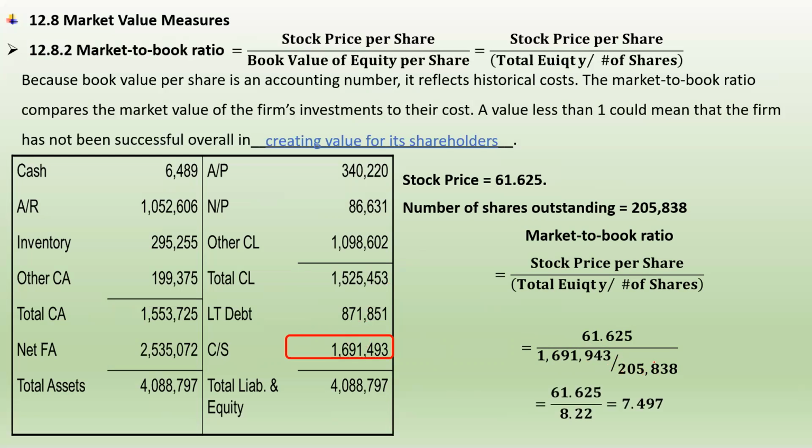So it's 7.497, which means if the shareholder invests $1 at the beginning, when the firm starts its IPO, for example, the shareholder gets $7.497 at this time point. It's a relatively successful investment.